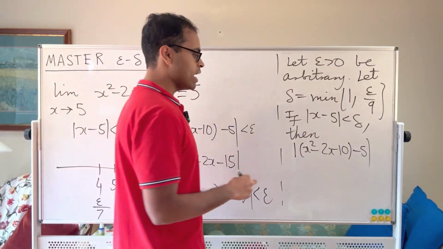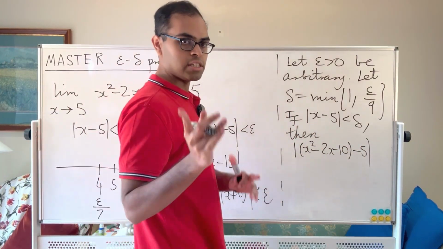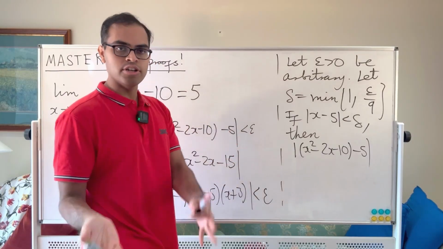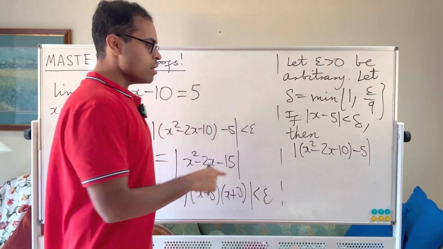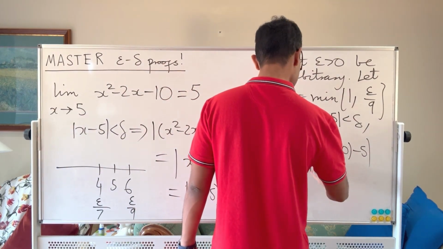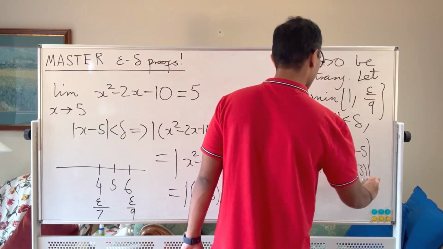You can do it either way, or you could just write it out in the other direction. So I'll explain that. You can write out x minus 5 times x plus 3 is going to be less than this, and then backtrack to this quantity. We can do it either way. But we're going to do it this way. Then this quantity is going to be the absolute value of x minus 5 times x plus 3, which we know, right?